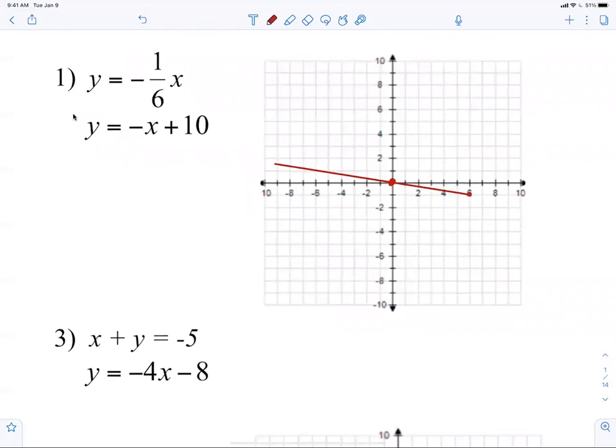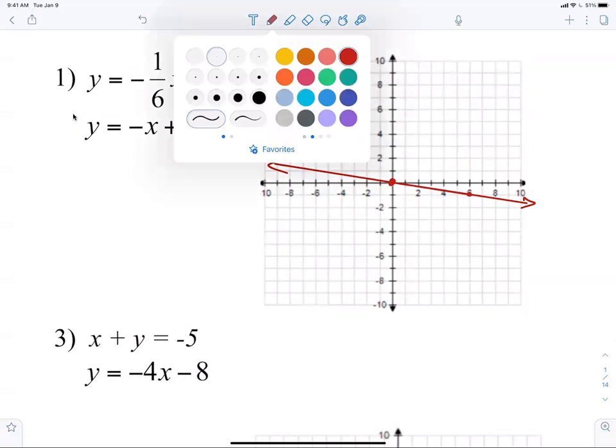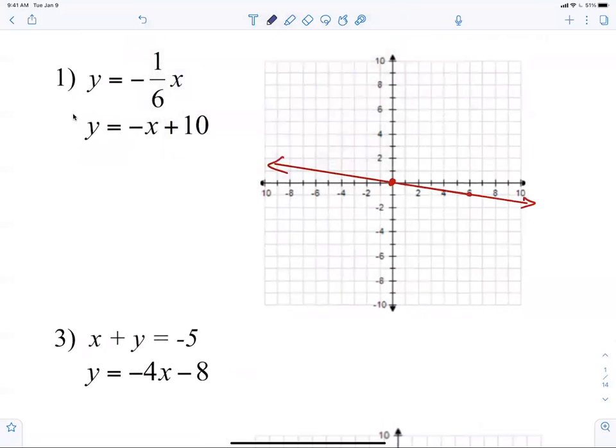Then I'm drawing this line. Then I'm going what? Up 10. From there, I'm doing what? Down 1 to the right 1.